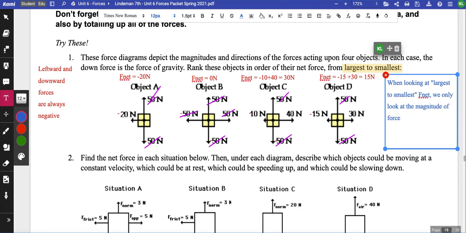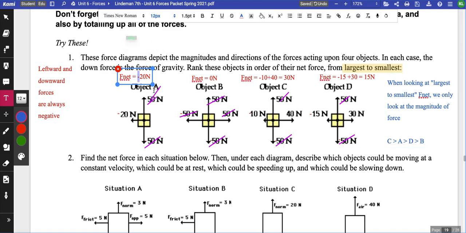Okay, so C is larger than A, which is larger than D, which is larger than B. Even though A has a negative in front of it, the magnitude of 20 is larger than the magnitude of 15, which is larger than the magnitude of 0.